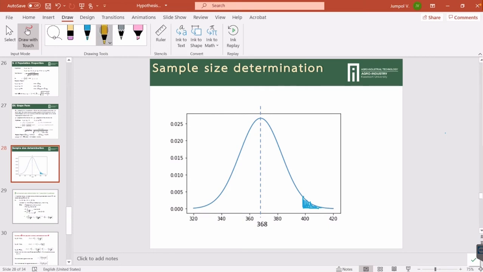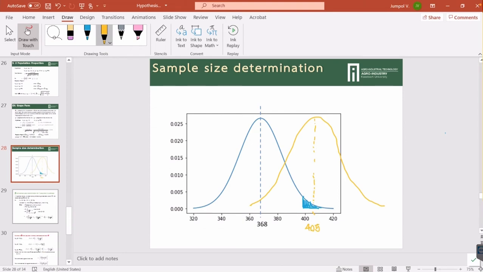And we also have another type of error, which is beta. Beta can happen when the mean is not exactly the same as we hypothesize. For example, the real mean is probably something like this. Let's make it 405.